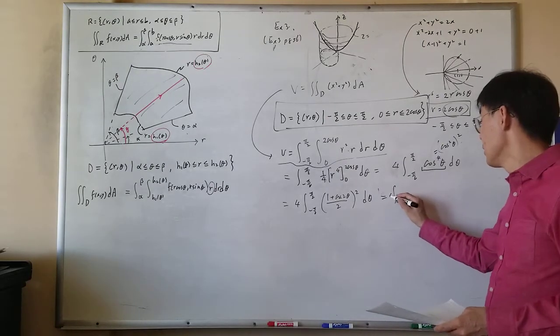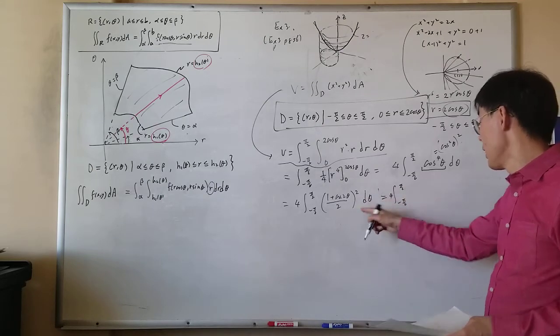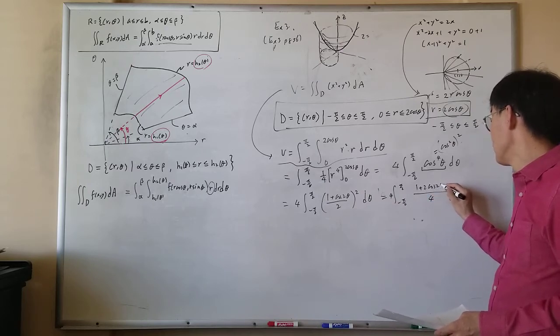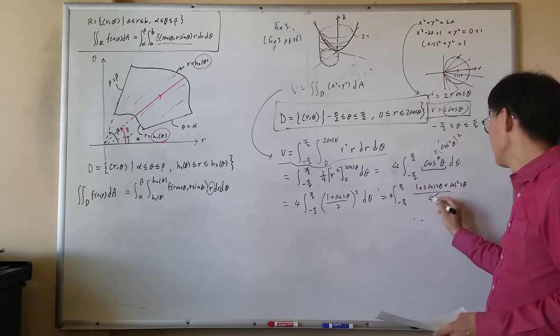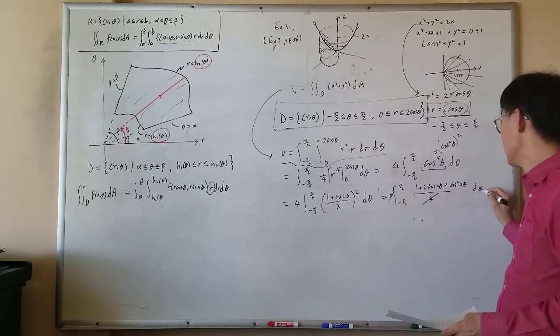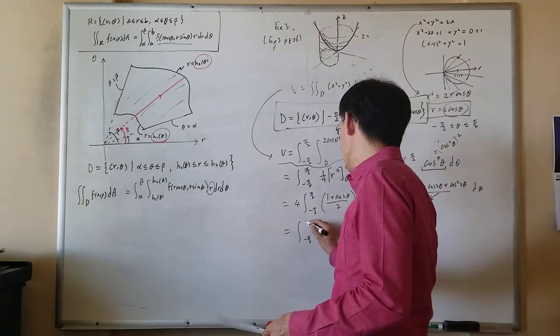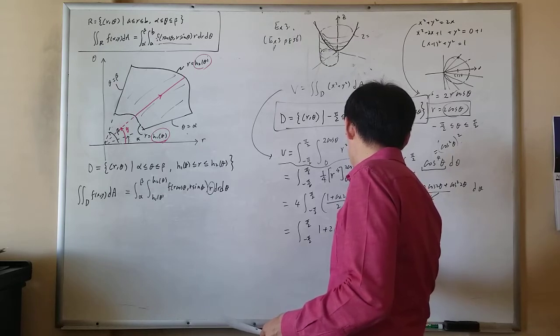And that in turn, squared, so 4 here, 1 plus 2 cosine of 2 theta plus cosine squared of 2 theta. The 4 cancels. And then 1 plus 2 cosine of 2 theta.